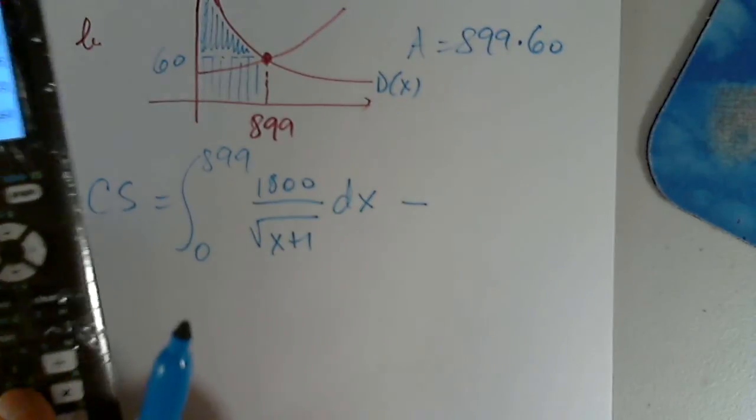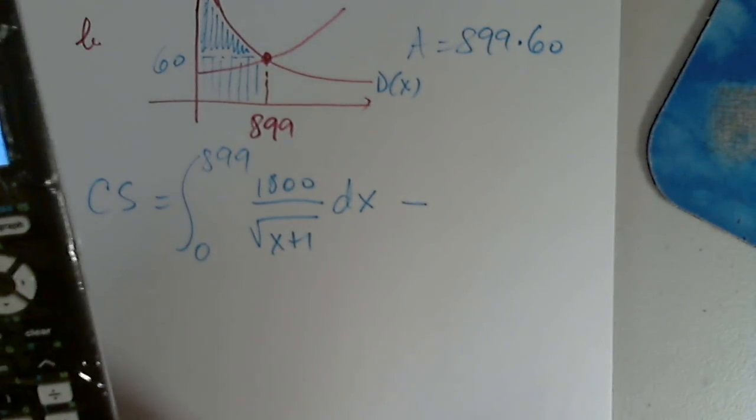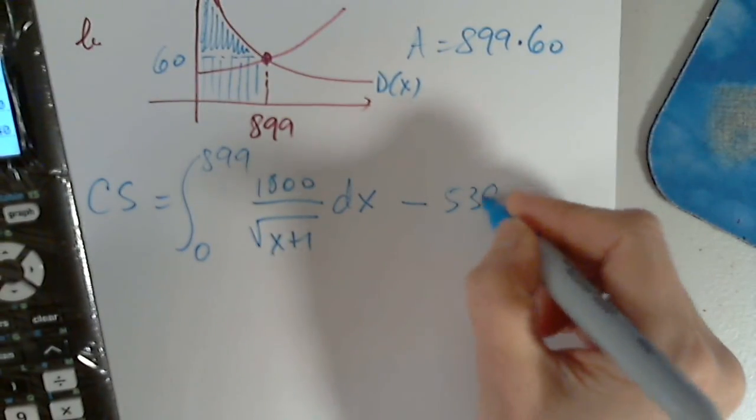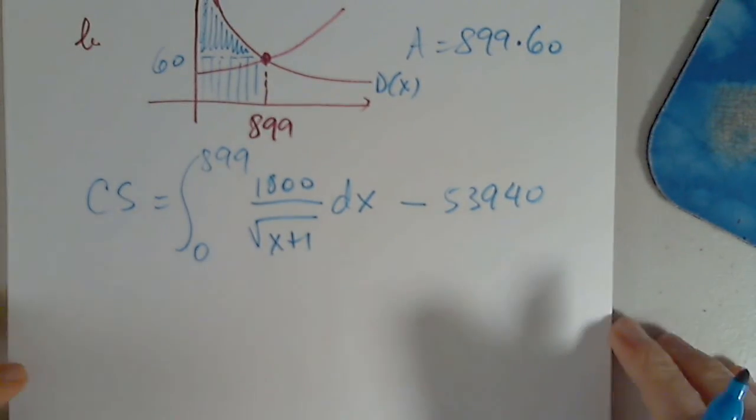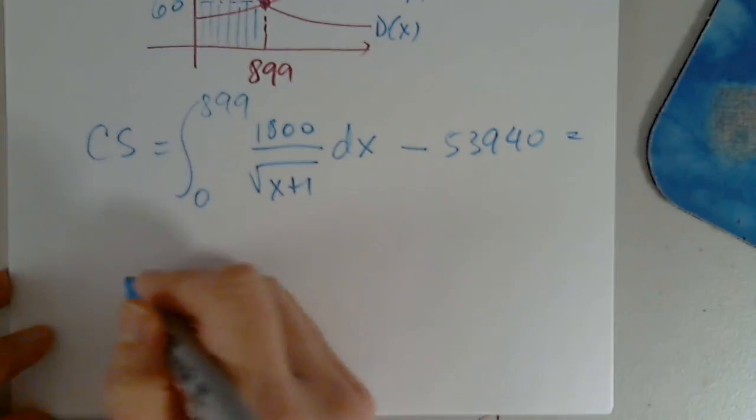I'm lazy. So 899 multiplied by 60 is 53,940. Okay, so let's determine this.